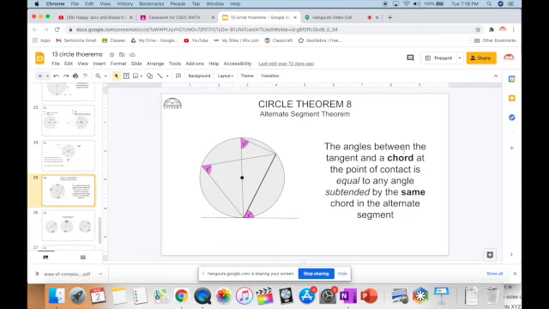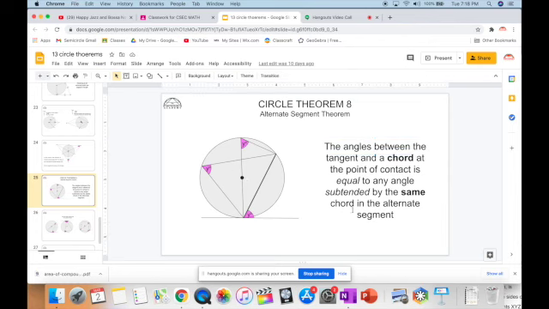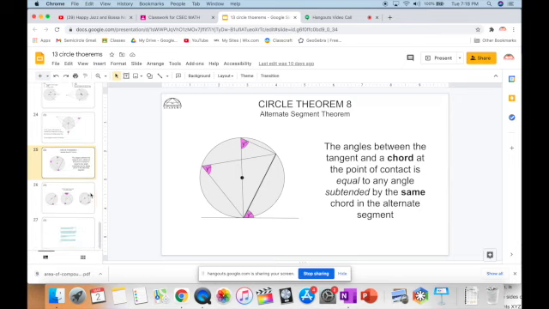So the angle between the tangent and a chord at the point of contact is equal to any angle subtended by the same chord in the alternate segment. Yeah, it's a little bit much, but welcome to Form 5. Welcome to exams. And circle theory is pretty much as hard as it gets.